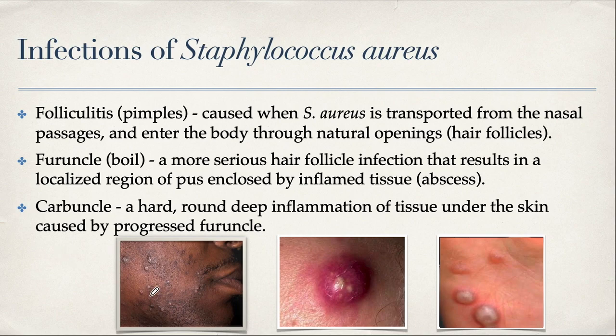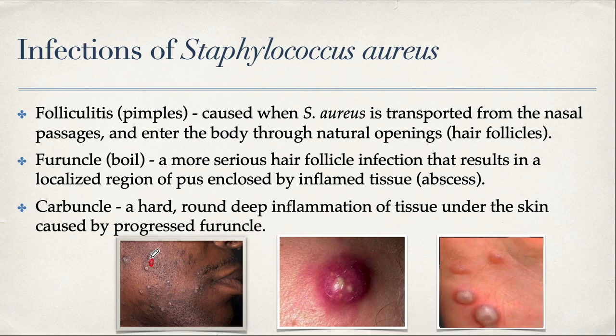As you can see in this insert, the pimples are generally tiny. They can, however, progress based on how they are managed. Some people press them and force them and handle them in ways that cause the movement of the Staph aureus to other areas of the skin, and that may exacerbate it.